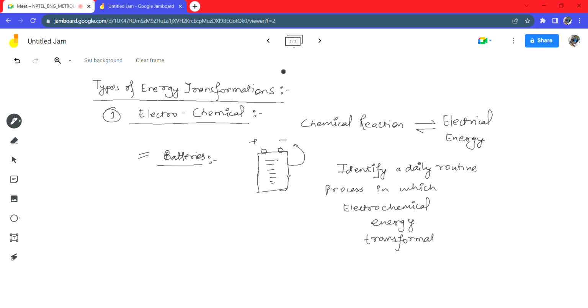So this shall be your takeaway assignment, and you should observe your vicinity wherein you can find such a thing being done.